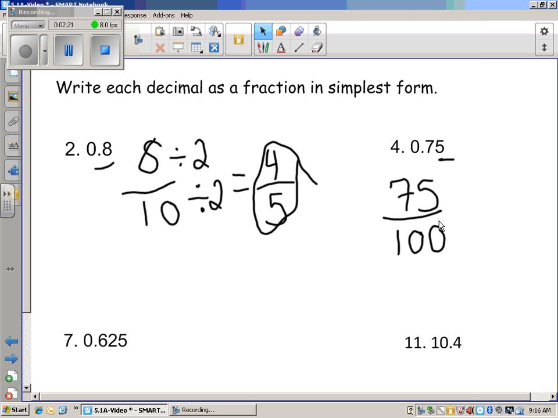And again, we know that 75 over 100 is not in simplest form, so I'm going to find the greatest common factor between the two, which is 25. And I'm going to divide the top and the bottom by 25.